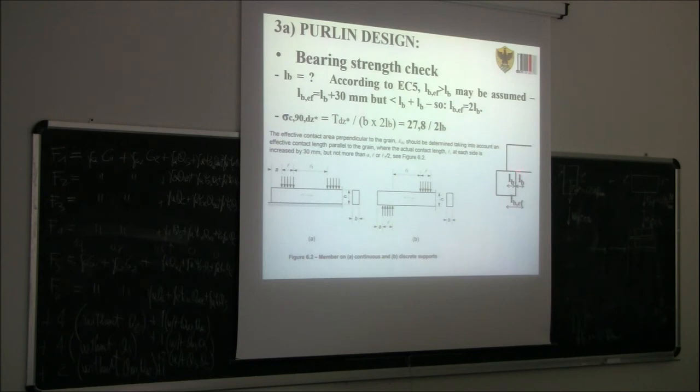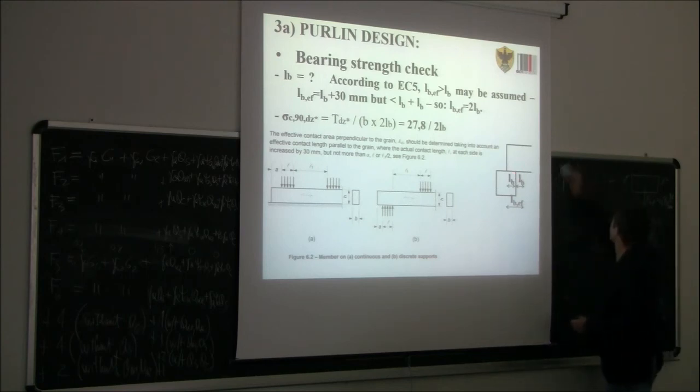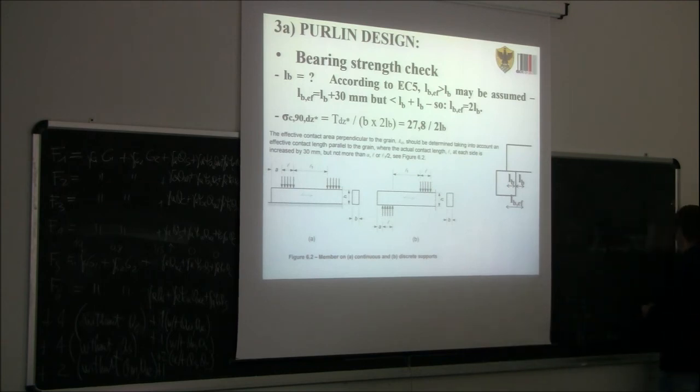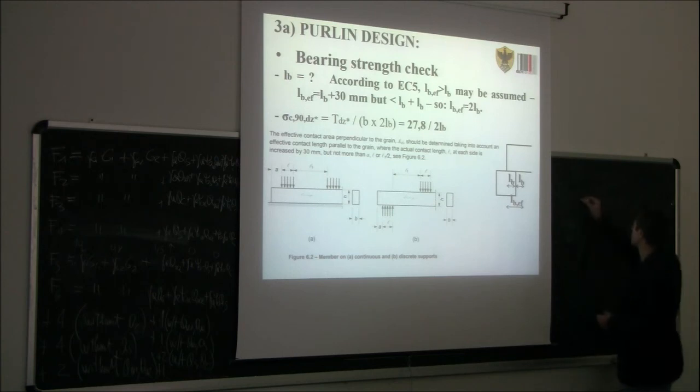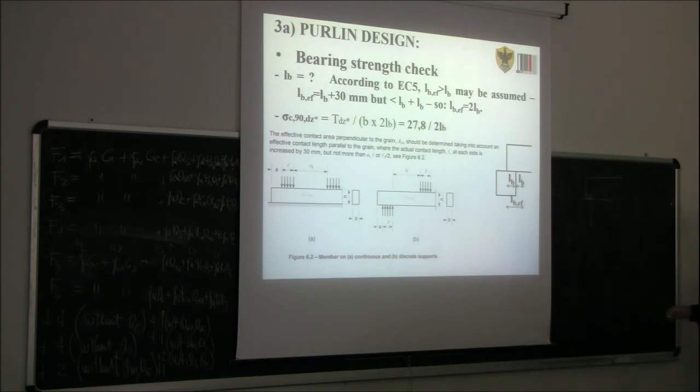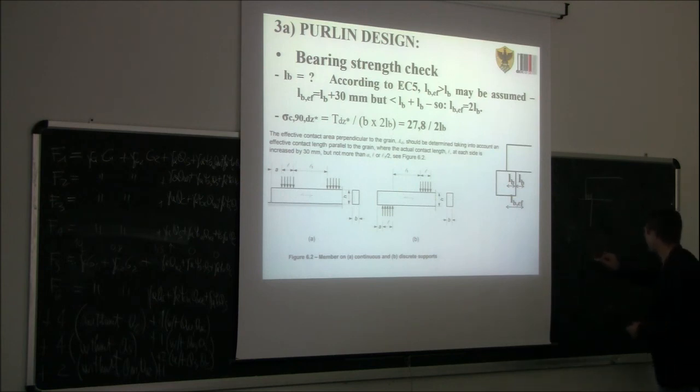So the reason why, if you remember, I told you, the regulation says we can consider a larger bearing strength is that in reality, in a situation like this, the strength is larger than if you have a situation like this.